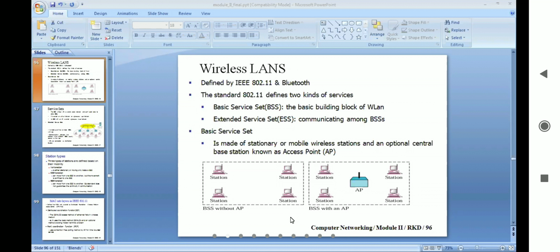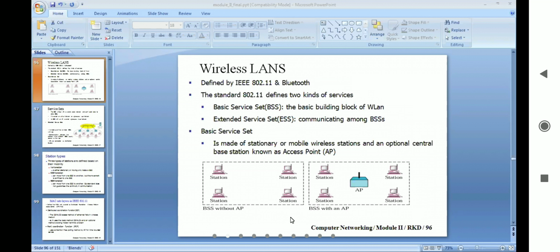Suppose you take 4 to 5 mobile nodes, they can switch on their Bluetooth and communicate with each other. That means they don't require any physical infrastructure for their communication. That type of communication is known as a BSS without access point.